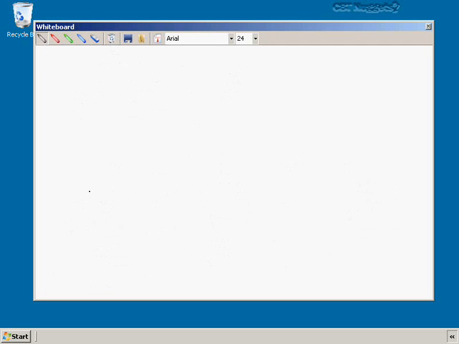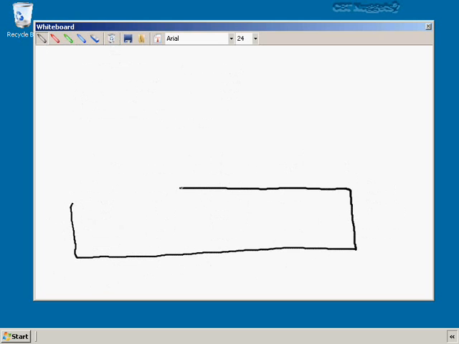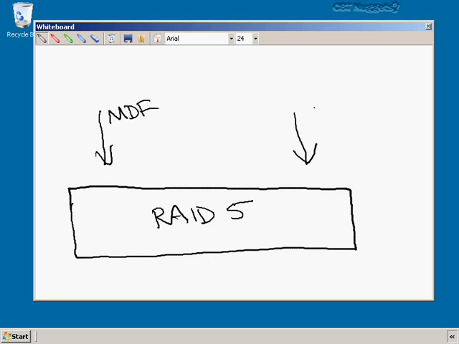However, keep in mind that Windows and modern storage like storage area networks are already designed to provide a lot of those things. If you've got a huge RAID 5 array and you're dropping your MDF files onto it and you're dropping your LDF files onto it, and this thing is comprised of 12 disks inside of it or some just huge number, it is probably going to do a better job of spreading your database file across multiple platters, because that's what a RAID 5 array does, than you could do yourself by manually allocating objects across MDF and NDF files.